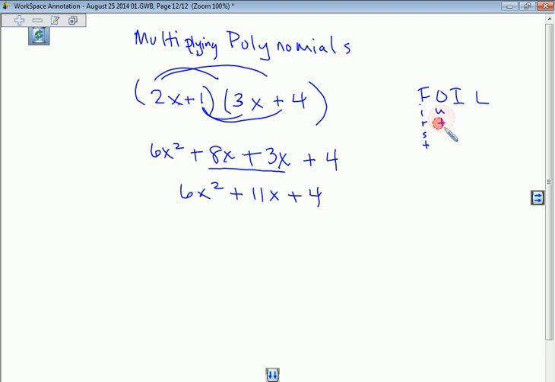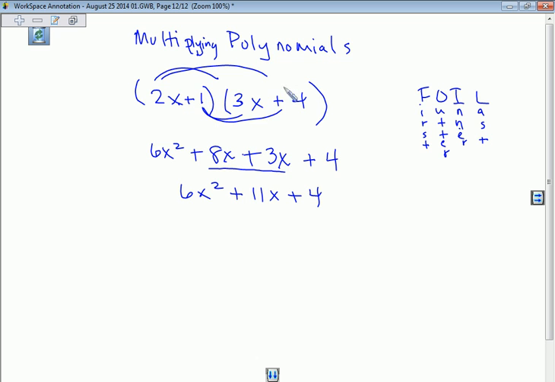Then you'd multiply your outer terms, or outside terms. So if we did outside times outside, 2x times 4 is 8x. Then you would do those inside terms, or inner, since I said outer, let's say inner. So the inside here times the inside here, 1 times the 3x is 3x. And then the last terms in each.